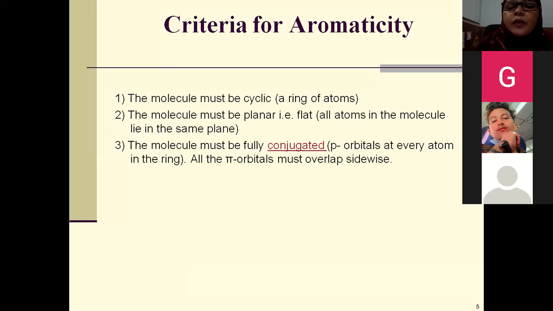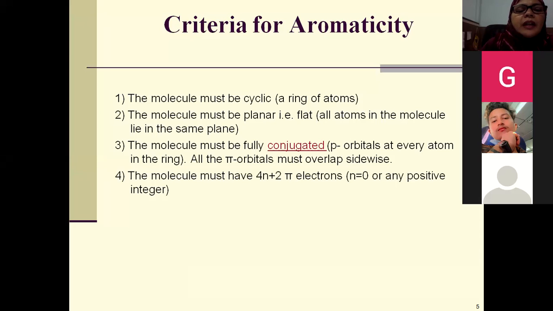Yes. Okay. So here I am talking about the p orbitals, which are dumbbell shaped. You must be remembering the dumbbell shape. So whenever the molecule is conjugated or has pi bonds between atoms, p orbitals are present at every atom, and all these p orbitals overlap each other.